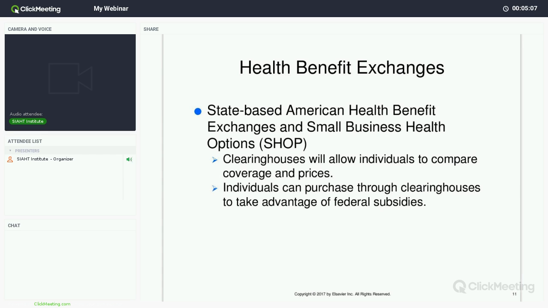So basically, we have clearinghouses, we have small groups that help you to shop and also see which individuals can be covered, how they can be covered, and what the prices for the coverage would be.